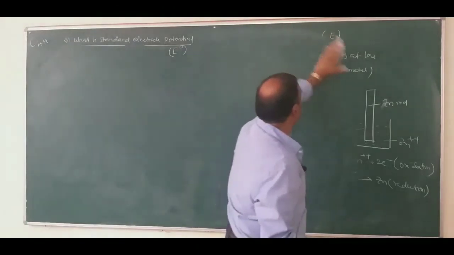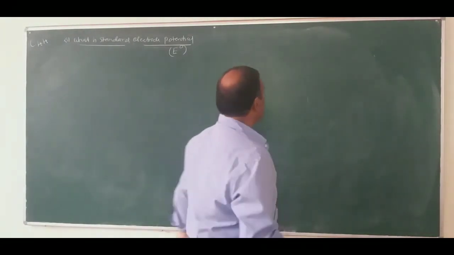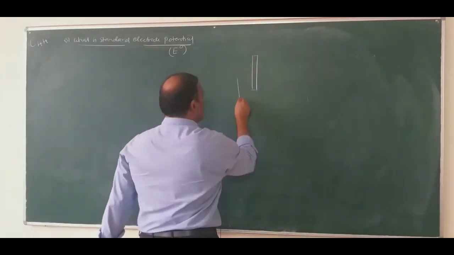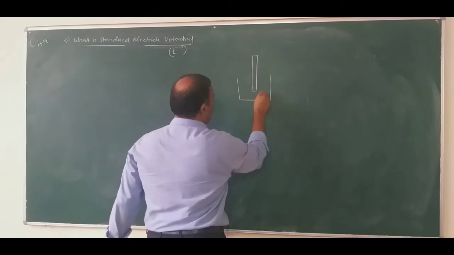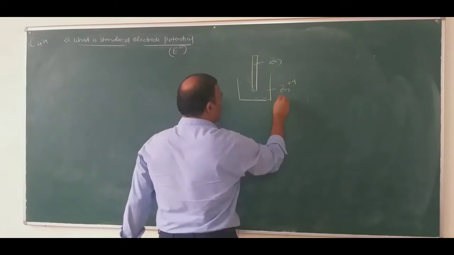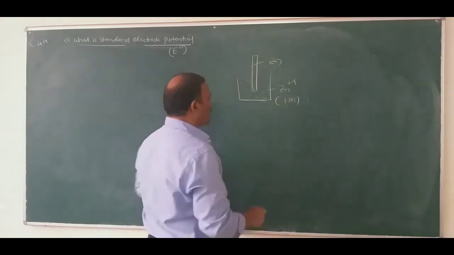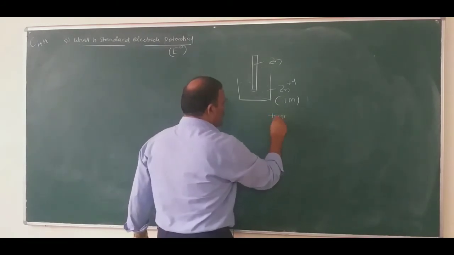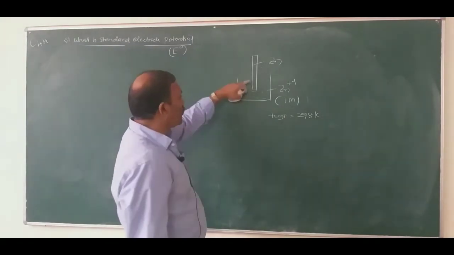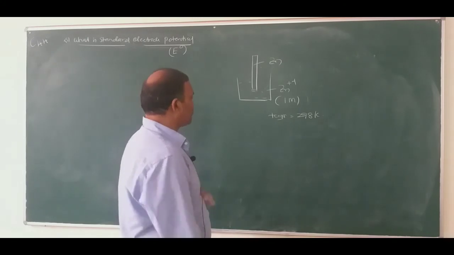For example, when a zinc rod is dipped in zinc ions, you get a zinc electrode. This is the zinc electrode, this is zinc ions. If the concentration of the zinc ions is 1 molar and the temperature is 298 Kelvin, the electrode potential is known as standard electrode potential.